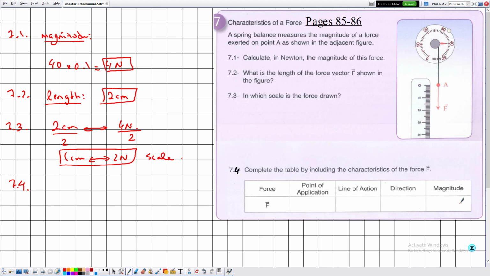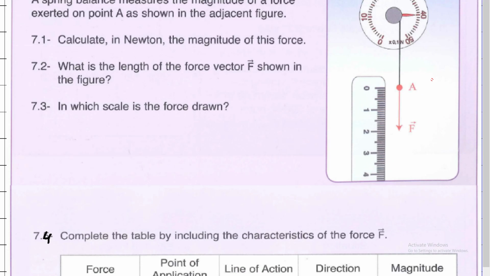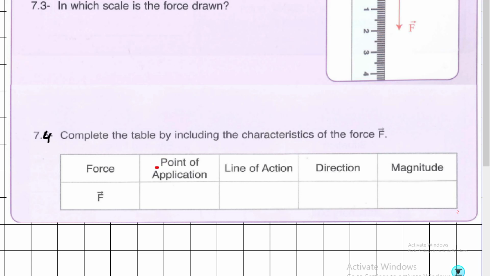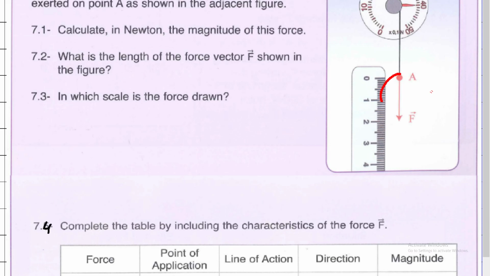They are telling me to complete the table by including the characteristics of F. So notice that the point of application of F is A. Let me write them here. And notice that they are listing these properties in this order: P, L, D, M. So in this case, the line of action is vertical.